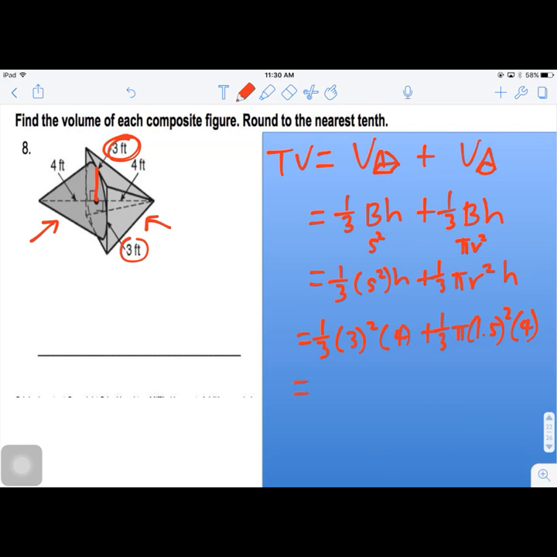And multiplying it all together, we have 12 plus 9.4 approximately, which is 21.4 cubic feet. So the total volume is 21.4 cubic feet.